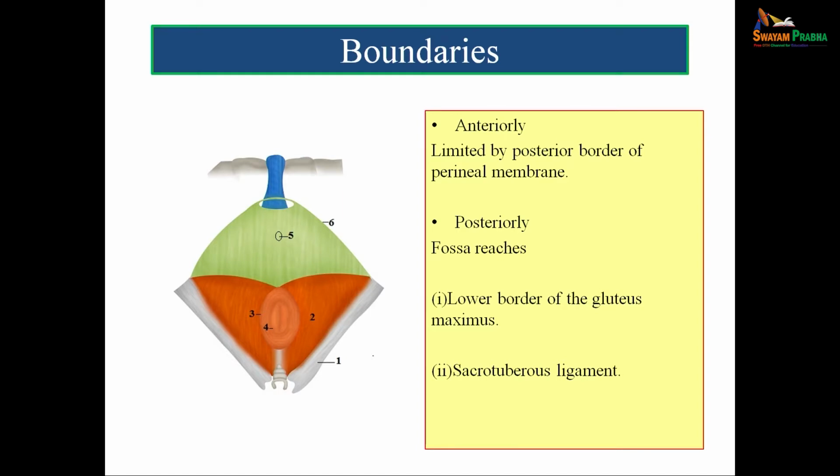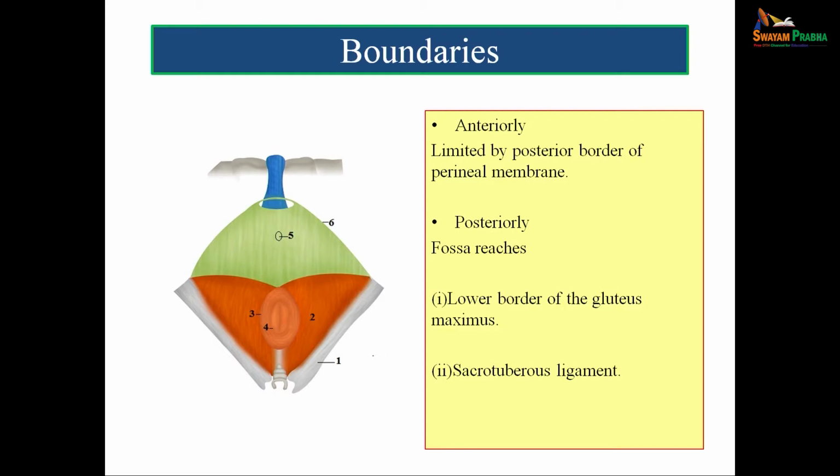Anteriorly, the ischiorectal fossa is limited by the posterior border of the perineal membrane. So, this green structure which you see here is the perineal membrane, and its posterior border forms the anterior relation of the ischiorectal fossa.